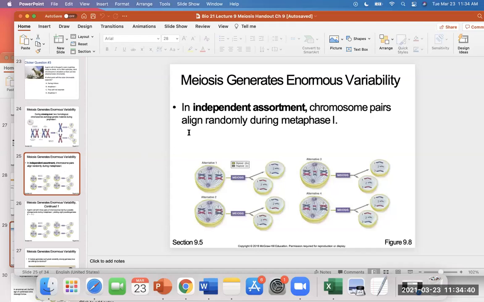And then there is an independent assortment. Can somebody tell me what independent assortment means? The way the sister chromatids will be arranged.